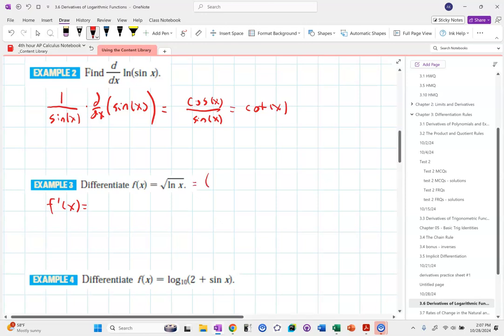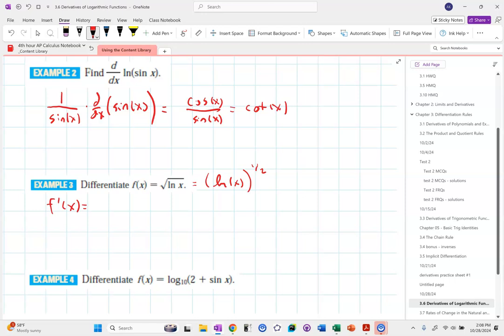What rule are we using? Well, it's a chain rule first, right? The outer function is x to the 1/2, and the inner function is natural log of x.